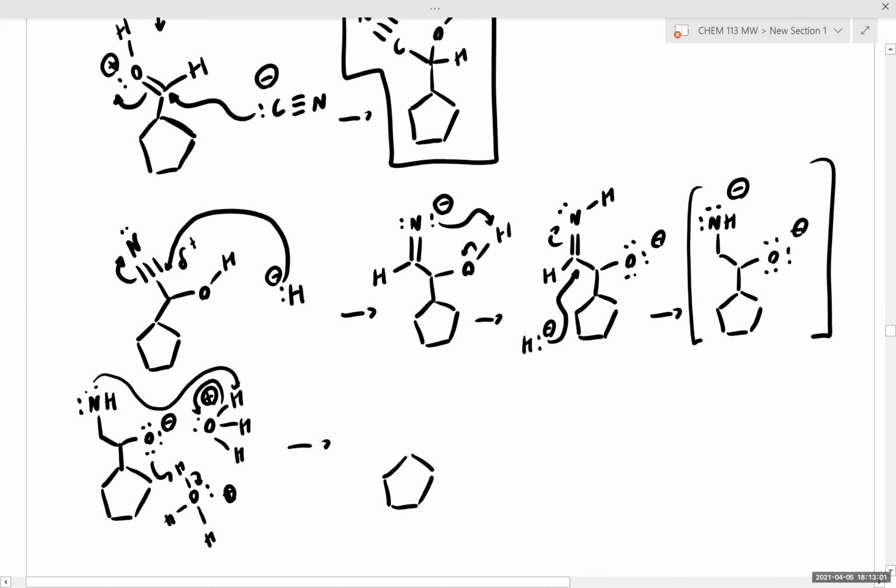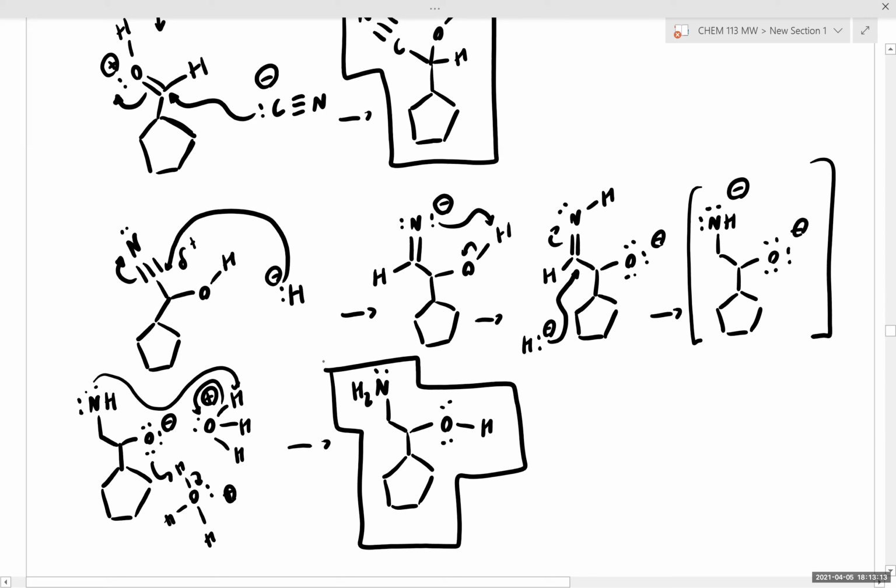So during the quench step, we protonate both the ammonium and alkoxide ions, and that gives us our isolable primary amine product.